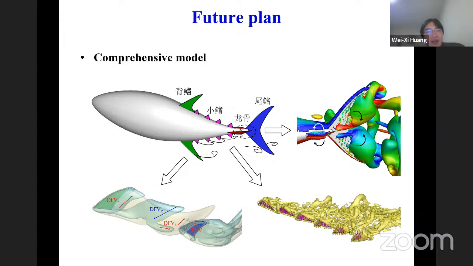We may consider a complete model like a tuna fish with the specialized structures, and this may be helpful for the design of underwater vehicles. So how can the specialized structures improve the performance?